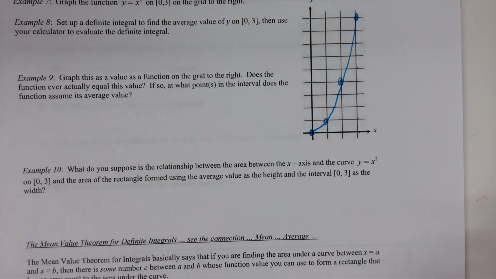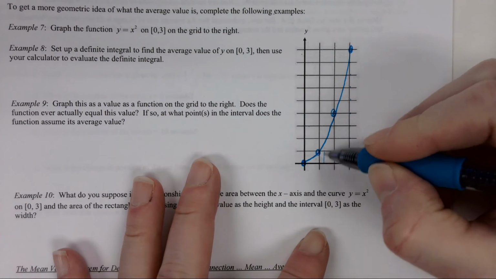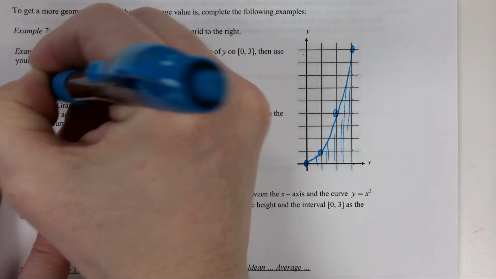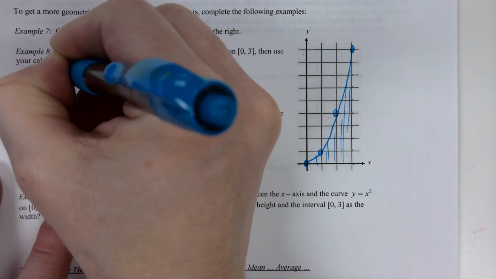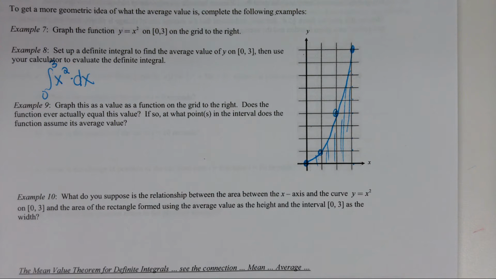Now, let's use our calculator to find this value. This is the integral from 0 to 3 of x squared dx. You do have to write down the dx, even though it doesn't change how you find the answer. Remember that formula. It's our formula for length times width. All right.